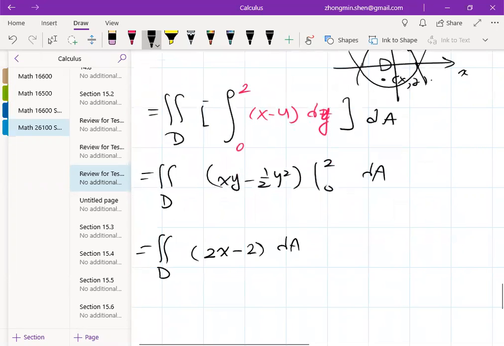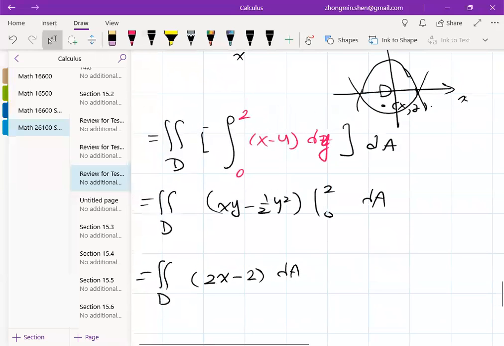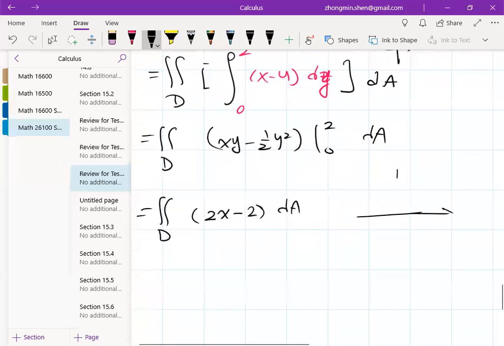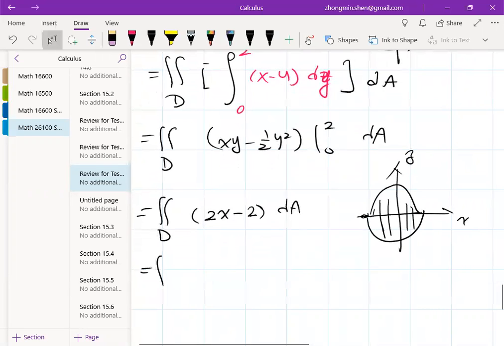Now we focus on this integral on the domain D. Then you continue to change it to an iterated integral. This is the z-axis and this is the x-axis. How do you do that? You use a vertical line segment. For every x, it should be from -1 to 1.